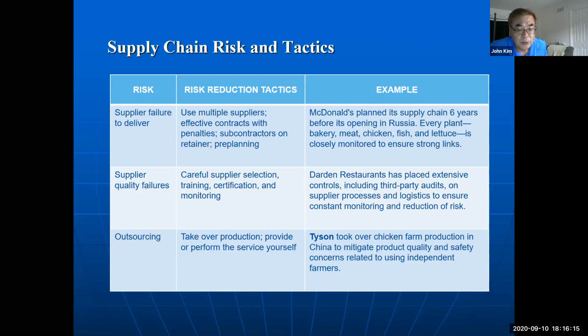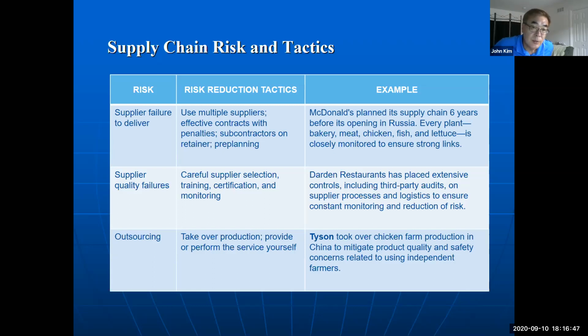So the supplier couldn't send parts to Hyundai. At the time, Hyundai struggled for about a month because of the parts that the supplier provided from Korea.